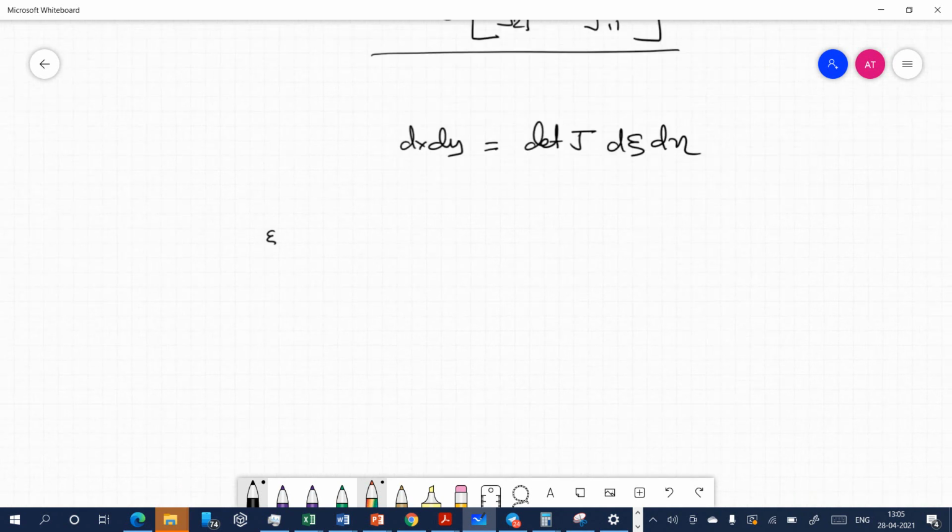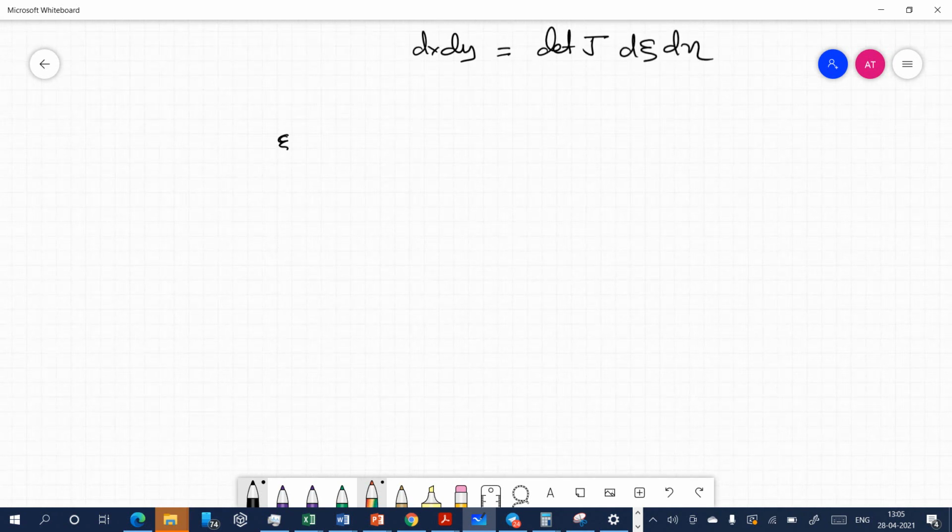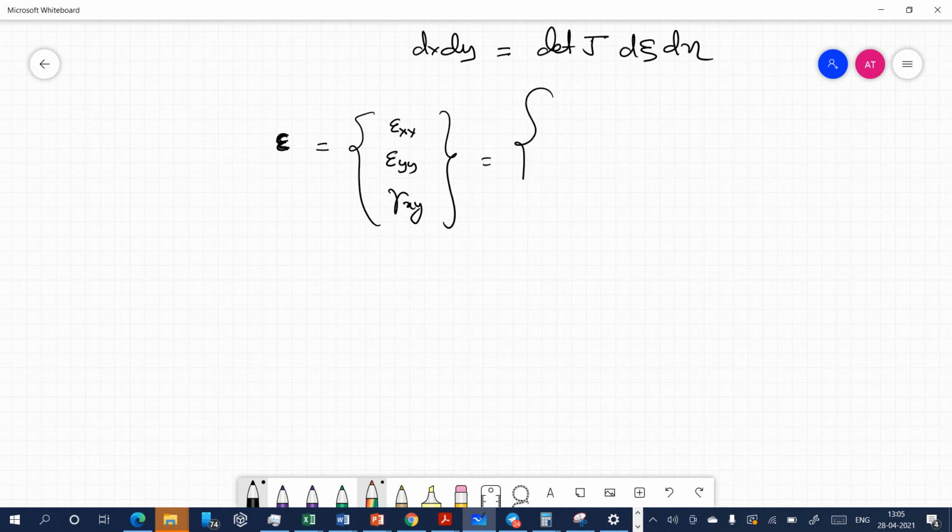Then let us find out the strain value. So far not much complication. So the strain matrix in 2 dimensions for the quadrilateral element will simply have components epsilon xx, epsilon yy, and gamma xy, right? And what will be these?